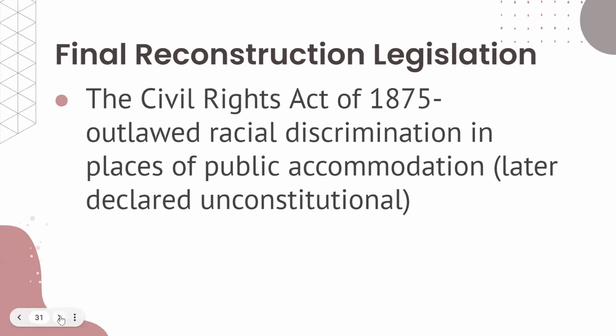So the final Reconstruction legislation, at the very tail end of the Reconstruction period, was the Civil Rights Act of 1875. It outlawed racial discrimination in places of public accommodation, and this was later declared unconstitutional.